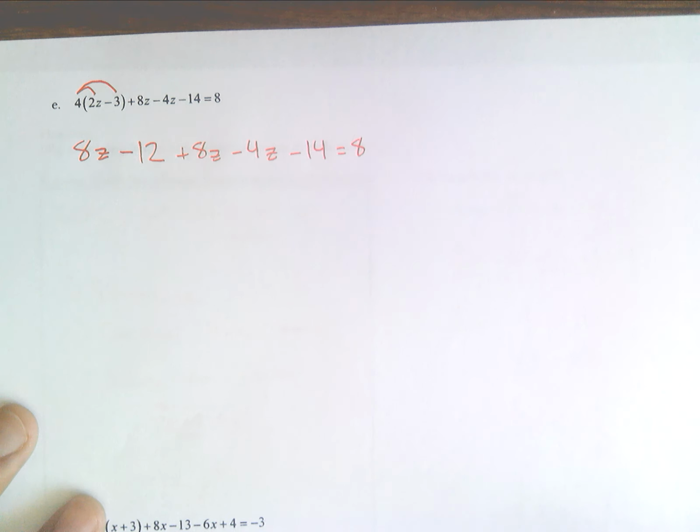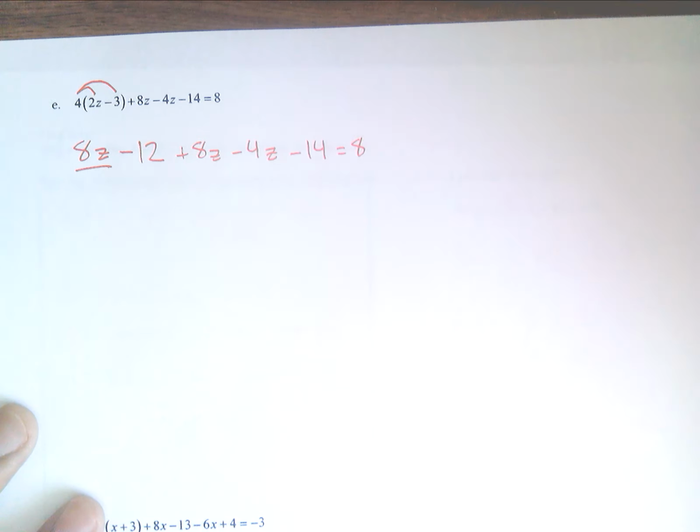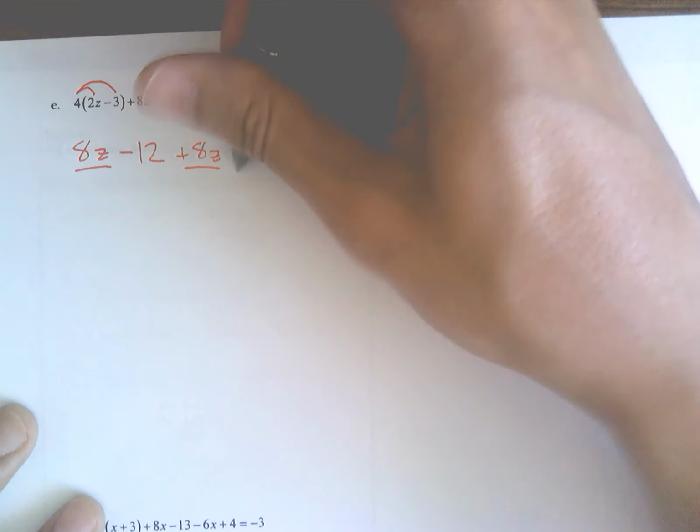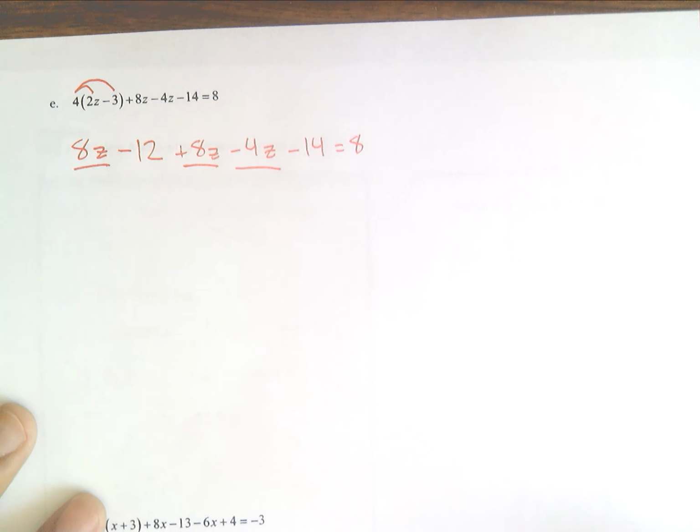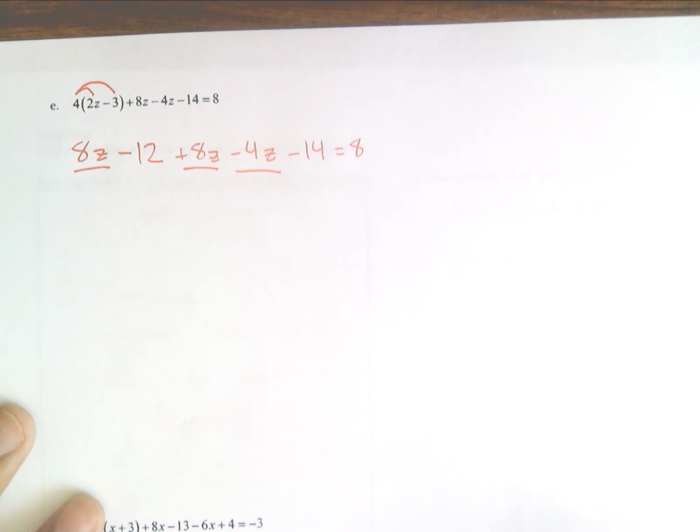Combine like terms, so I see a bunch of z terms. We have 8z here, we have another 8z here, and we have a minus 4z here. So 8 plus 8 minus 4. 8 plus 8 is 16, minus 4 is 12. So we have 12z.